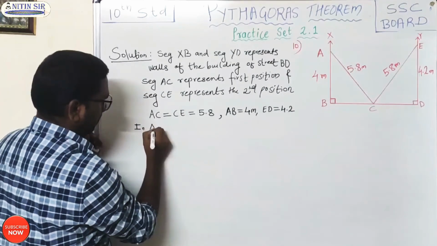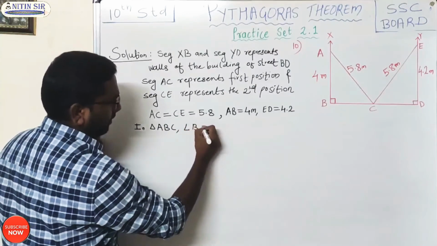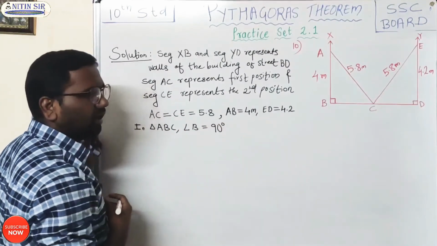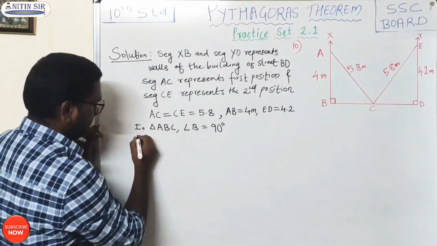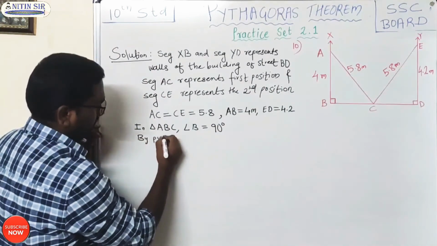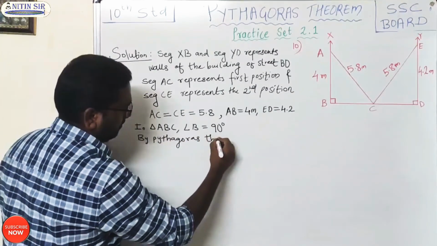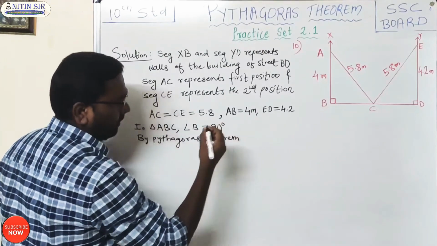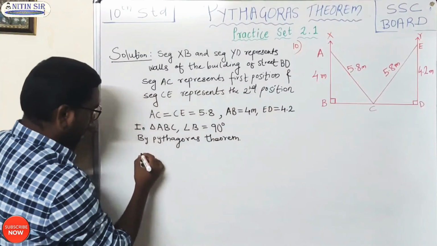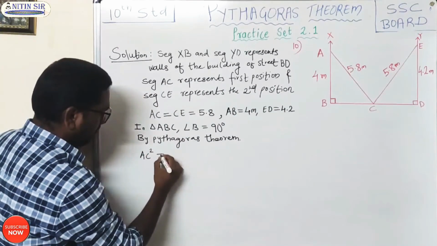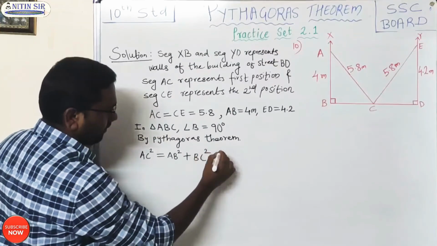In triangle ABC, angle B is equal to 90 degree. Angle B is 90 degree. So by Pythagoras theorem, AC square is equal to AB square plus BC square.